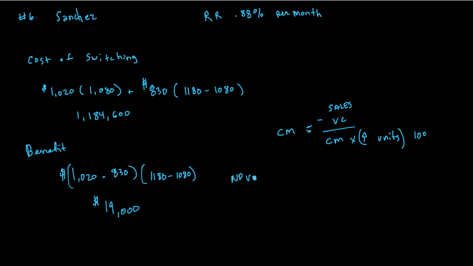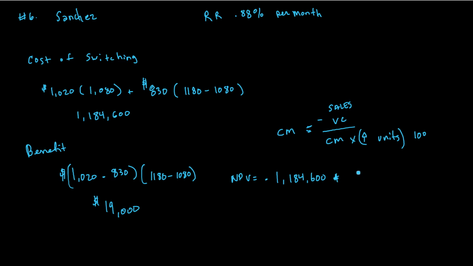Okay, so now what we need to do is figure out what our NPV is. And that's very simple, right? Well, we have an increased cost of 1,184,600. Need to make that a negative because it's an outflow. And I need to add my increase, or my benefit, which is the increase in the income.